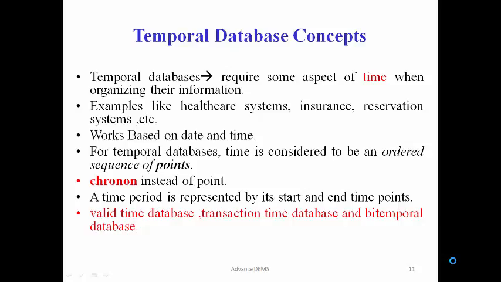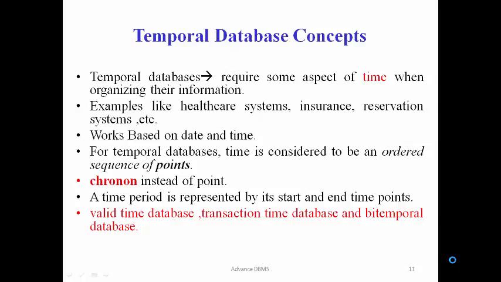A time in temporal databases is used to represent its start and end time points. Temporal databases are again divided into three subcategories: valid time databases, transaction time databases, and bitemporal databases.